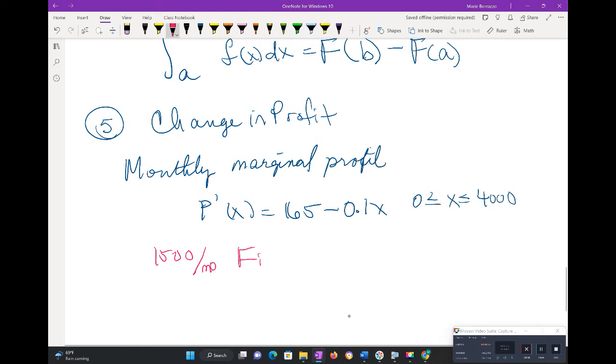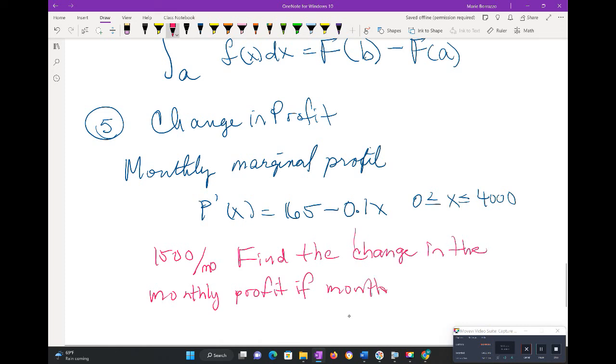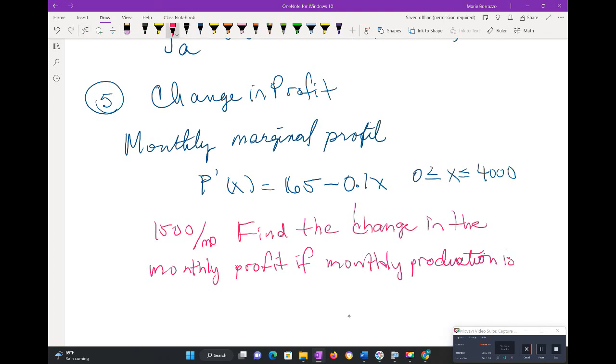So the question stem is basically find the change in the monthly profit if monthly production is increased to 1,600 a month, in terms of how many they're going to produce.